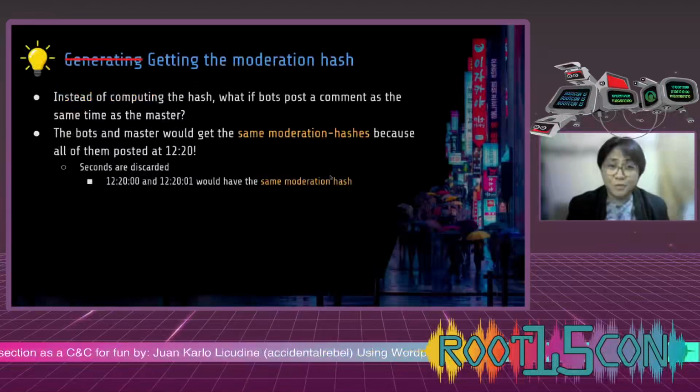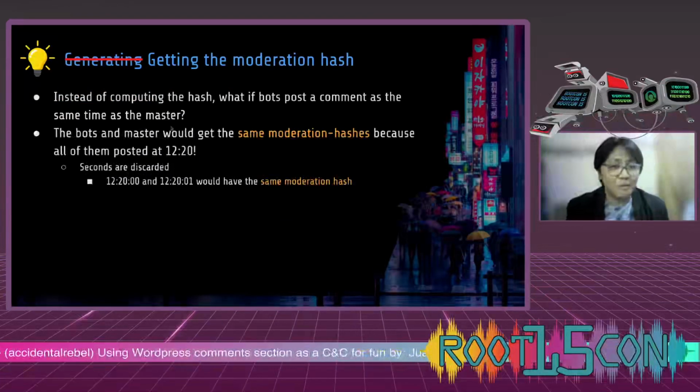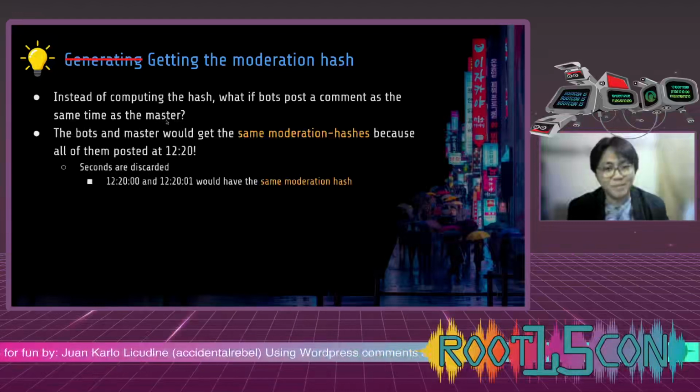The way for us to do that is that instead of computing the hash, what if the bot would post a comment at the same time as the master? Let me explain.